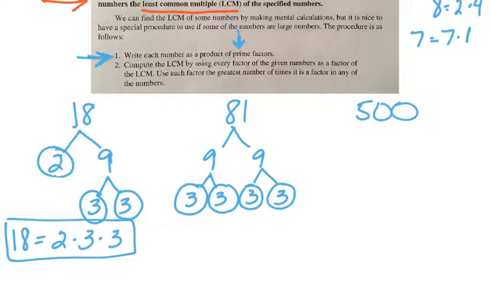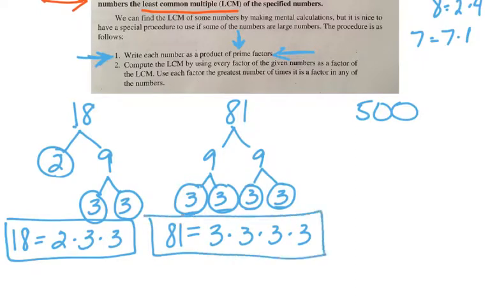So to write my 81 as a set of prime factors, I would have 81 equals 3 times 3 times 3 times 3. And it's very important you include every single one. I know it just seems repetitive, but you need all 4 of those 3s to create that 81. So I have my list for 81.